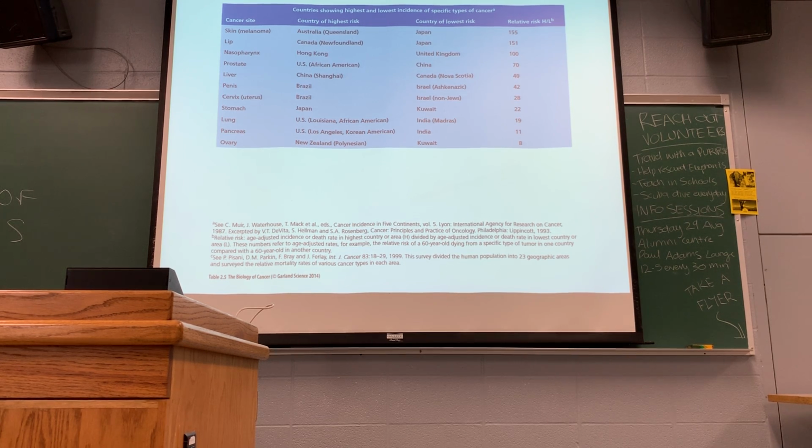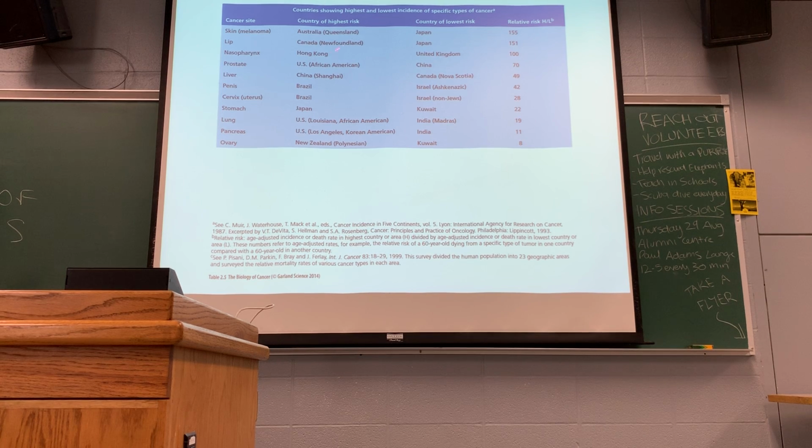So this is geographic variation in cancer incidence and death rates. And what they're doing is they're showing the most extreme differences in the rate of, in this case, death, okay? And so the relative risk for the country with the highest risk versus the lowest. So let's look at the top one, skin cancer, and specifically melanoma.